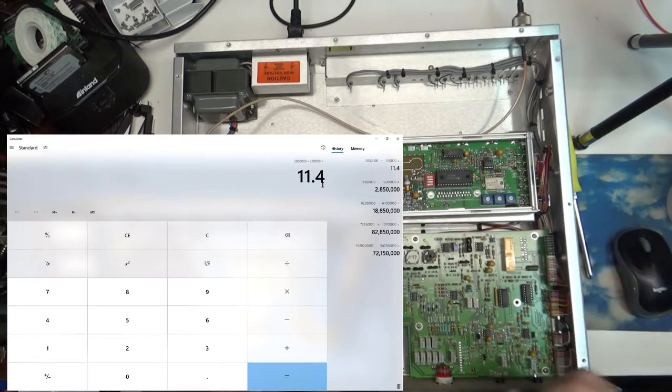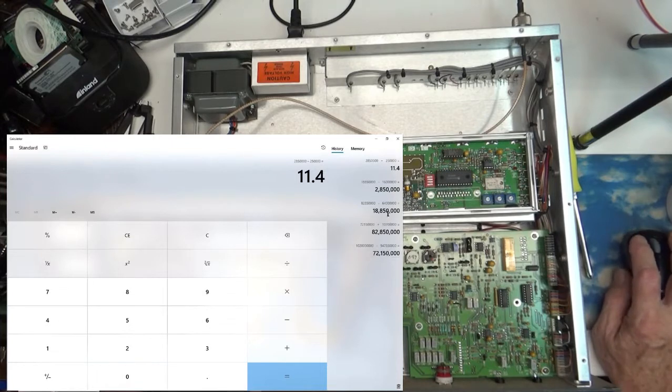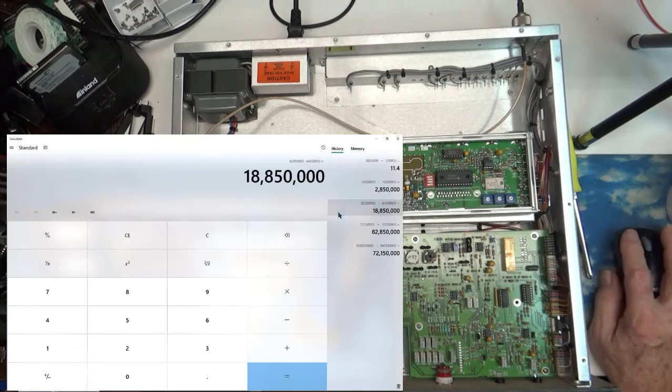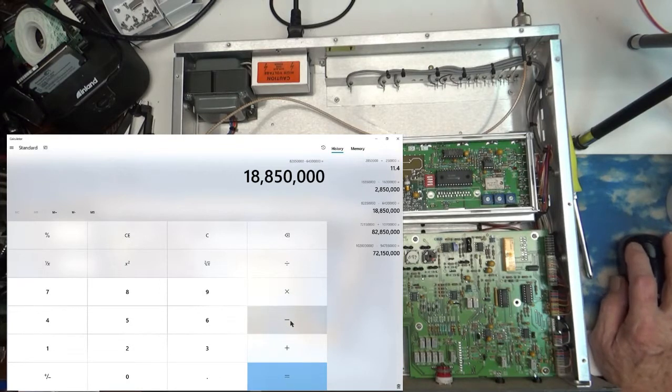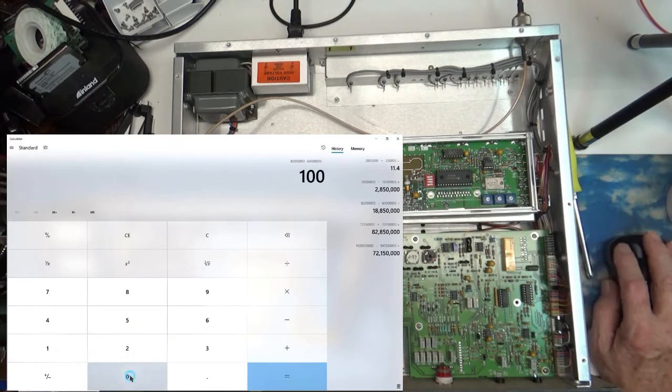we're going to guess, because just like the other one, you have to make sure you're right. And there's a couple of ways of doing that. If we went back here to our 18,850,000, from that we subtract our 16 million.